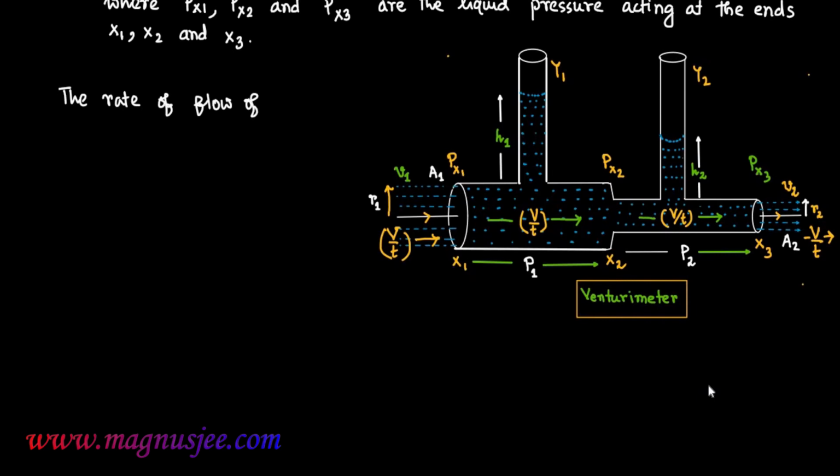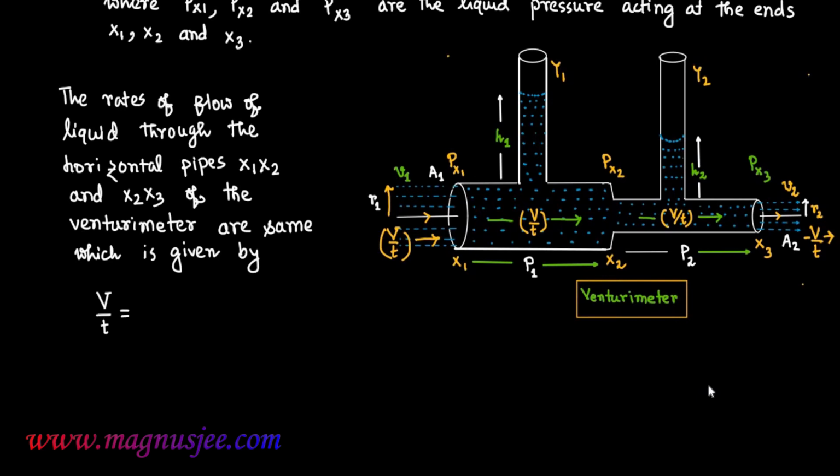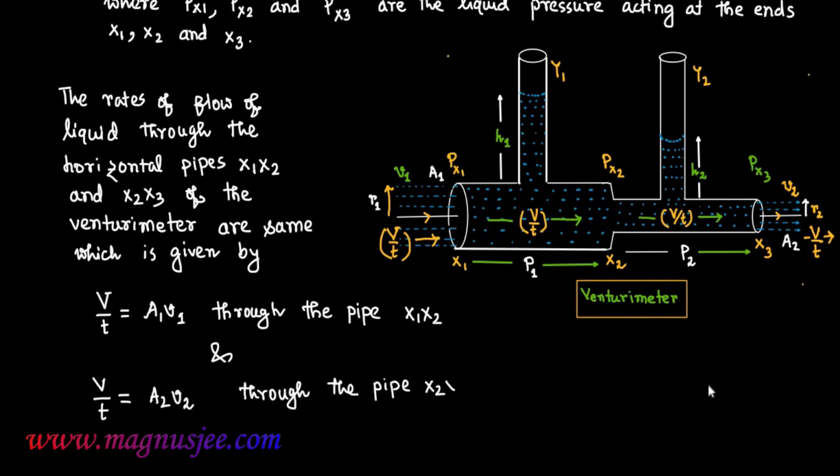The rate of flow of liquid. The rates of flow of liquid through the horizontal pipes X1X2 and X2X3 of the venturi meter are the same, which are given by V by T equals A1 V1 through the pipe X1X2 and V by T equals A2 V2 through the other horizontal pipe X2X3.